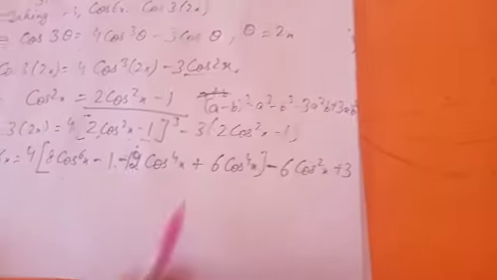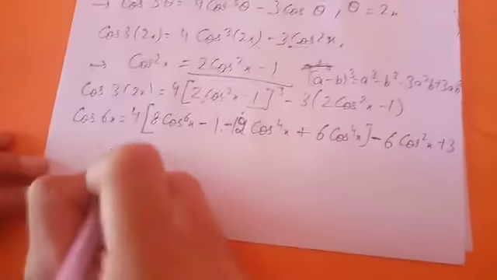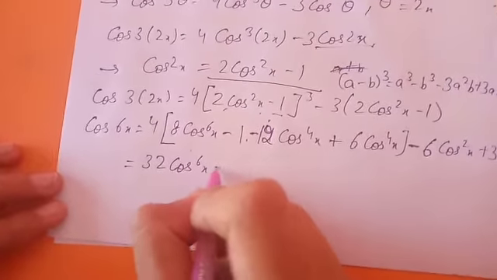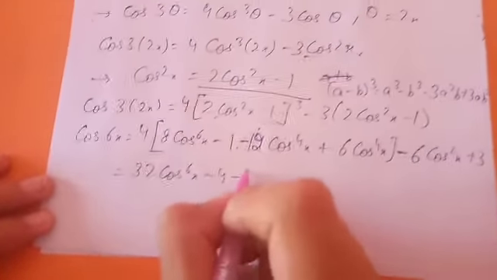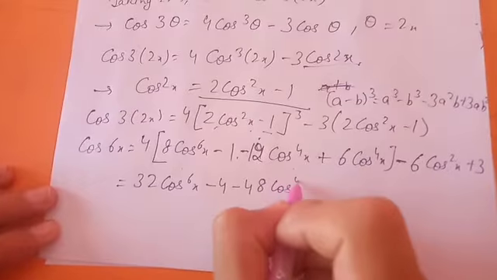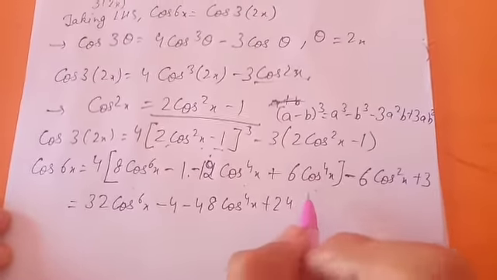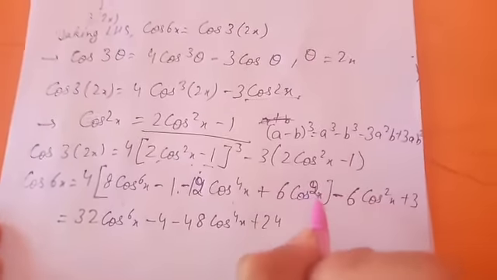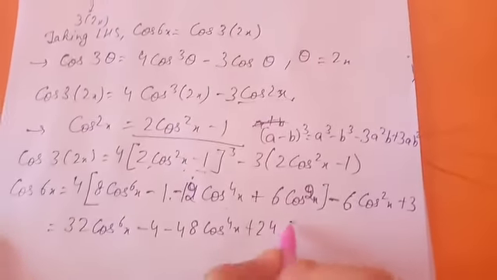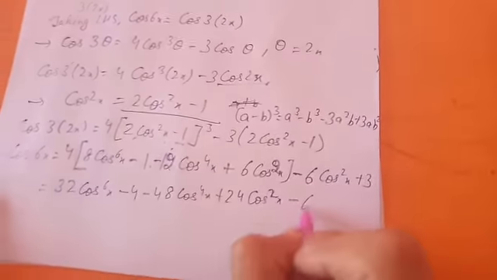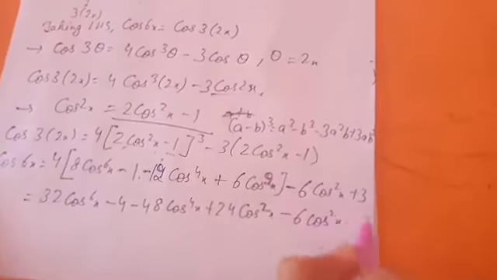Now we can multiply 4 inside the bracket, so we will get 32 cos 6x minus 4 minus 48 cos 4x plus 24 cos square x minus 6 cos square x plus 3.